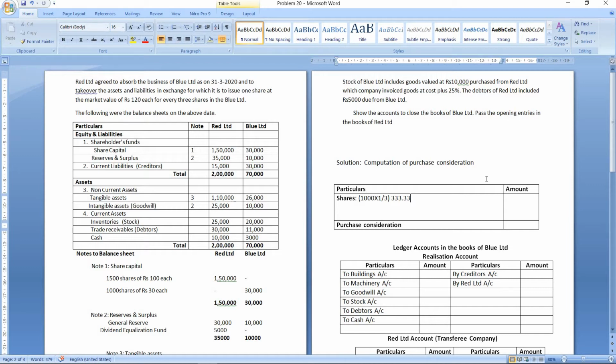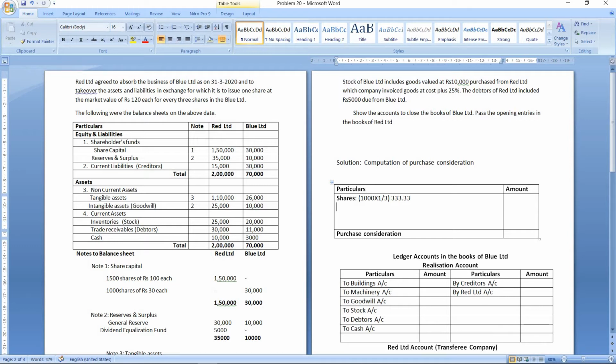Whatever fraction of share we have, this cannot be issued. So we will assume that this 0.33 is paid in the form of cash. So in the form of shares, it will be 333 shares into market value of 120, so the amount will be 39,960 rupees.